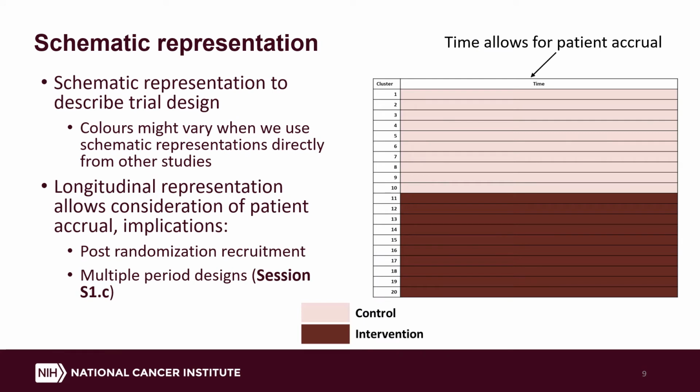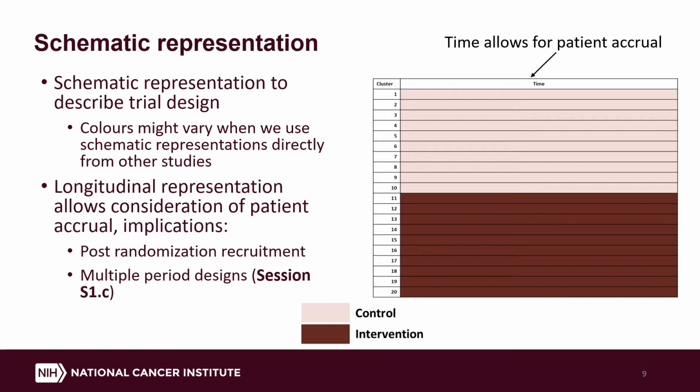So I'm going to use this schematic representation throughout the course to describe the trial design. Now, sometimes the colours might vary when these schematic representations are taken directly from other studies, but typically we'll use the light shaded colour to denote the control condition and the darker shaded colour to denote the intervention condition.